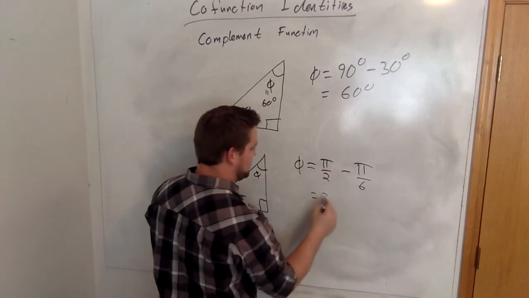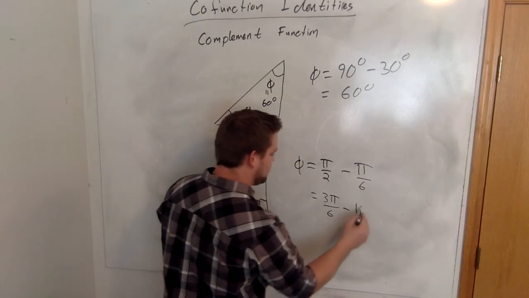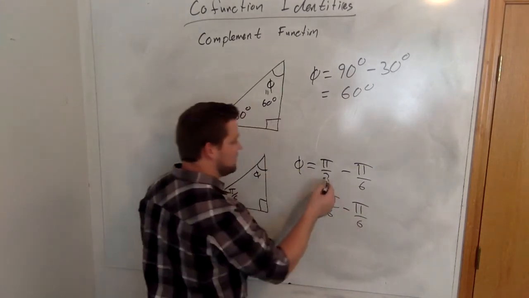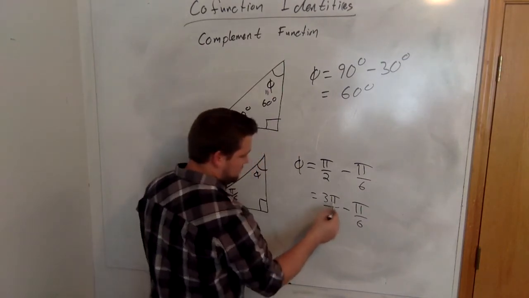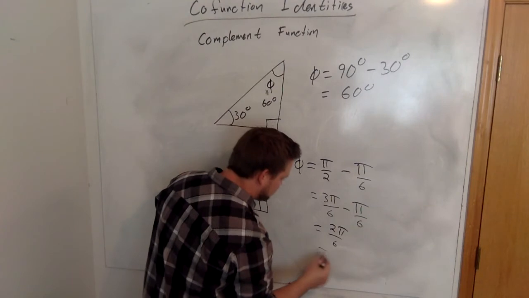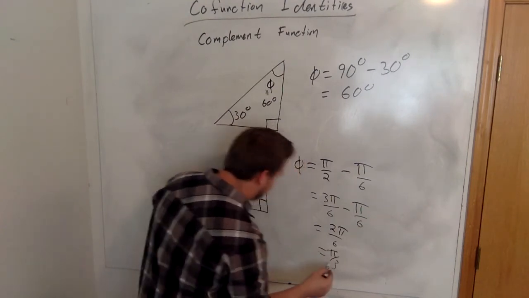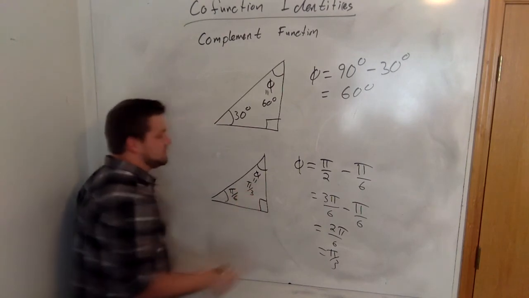Well, this is the same thing as 3 pi over 6 minus pi over 6, just writing half of a pi as 3 pi over 6. Well, 3 pi's take away a pi is 2 pi over 6, or pi over 3. So this here is pi over 3.